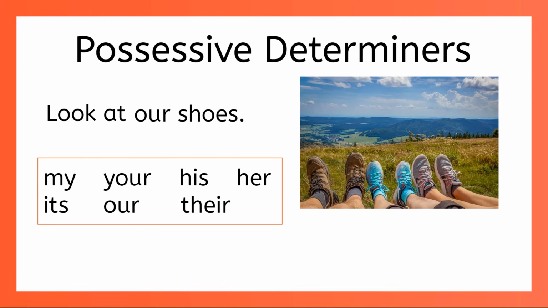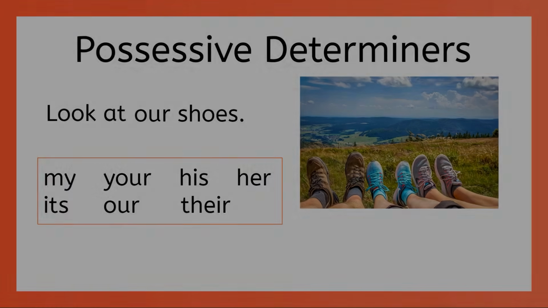Some people call them possessive adjectives because they sort of modify nouns. Other people just refer to them as possessive determiners and keep them in the pronoun family. But the point is, they are not considered possessive case pronouns.